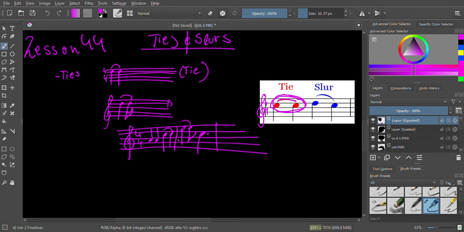Once again, 1 and 2 and 3 and 4 and 1 and 2 and 3 and 4 and 1 and 2 and 3 and 4 and 1 and 2 and 3 and 4 and, so I'm holding this for 1 and 2 and 3 because this is the duration of a half note and this is the duration of an eighth note, so I have to hold it for the entire count. All these counts. Anyway, that's what a tie means.